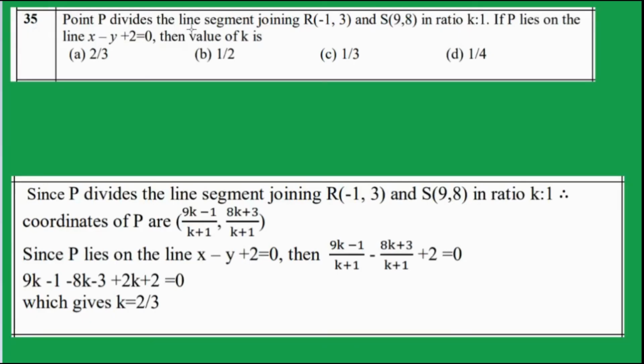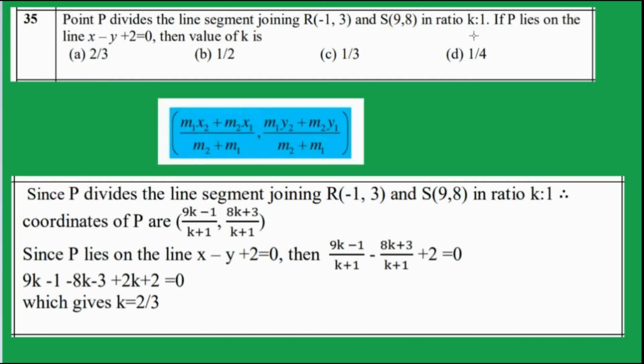35th question. Point P divides the line segment joining R minus 1, 3 and S 9, 8 in the ratio K is to 1. If P lies on the line X minus Y plus 2 is equal to 0, the value of K is. When the ratio is given K is to 1, we have to use the section formula. In the section formula, M1, M2 will be considered as K and 1. M1 is K, M2 is 1.